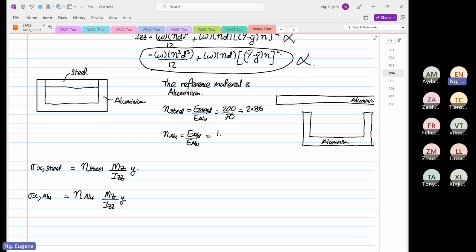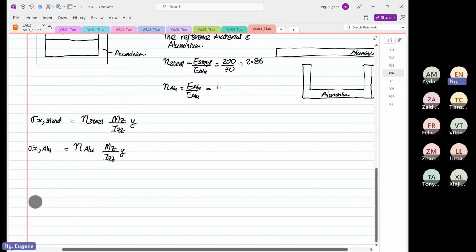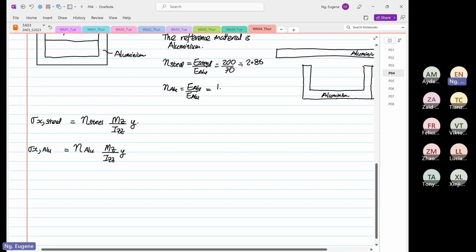Okay, so now what if we look at axial loading? Let's now consider axial loading. Why do we have to consider axial loading? Because later on we're going to do an example on eccentric symmetrical bending, so you have to have the term under the axial load.